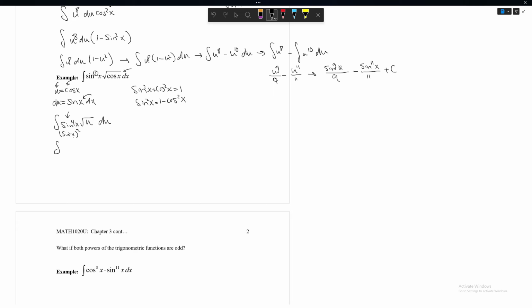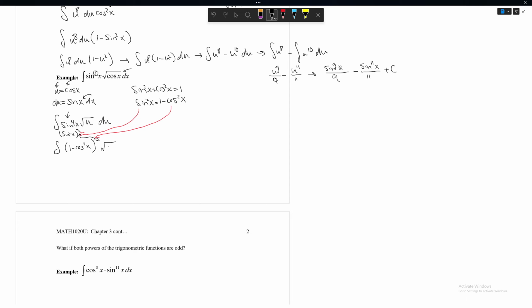This is the same thing. All right? And so what I'm going to do here is set this to 1 minus cos squared x, all squared, because of this square. And this comes from the sine squared.